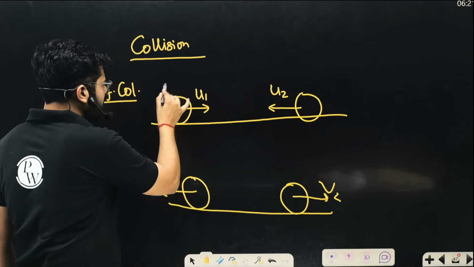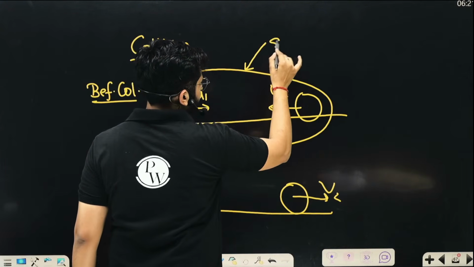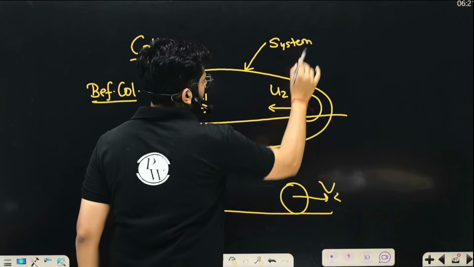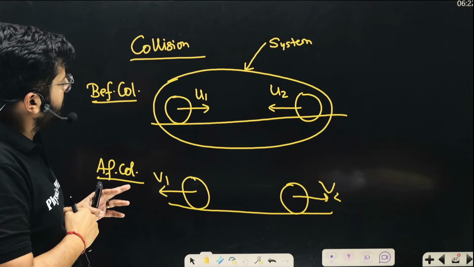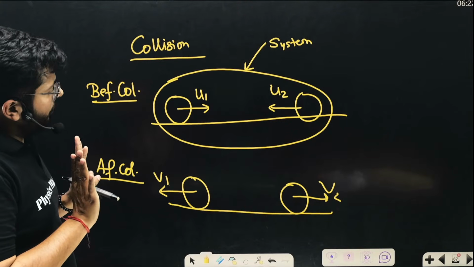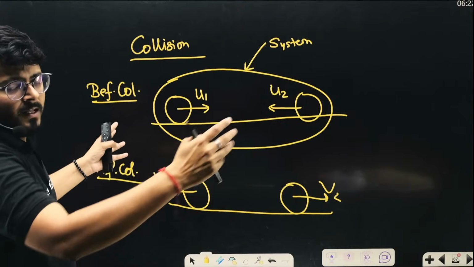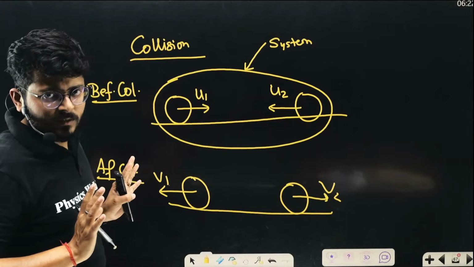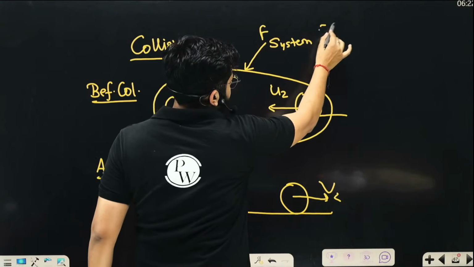But if I talk about the system, this is the entire system. My dear kids, if I look at these colliding particles from here, nobody is applying force on the system. These bodies inside the system have their own kinetic energy. They move and collide by using their own kinetic energies. So the force acting on the system is 0, right?